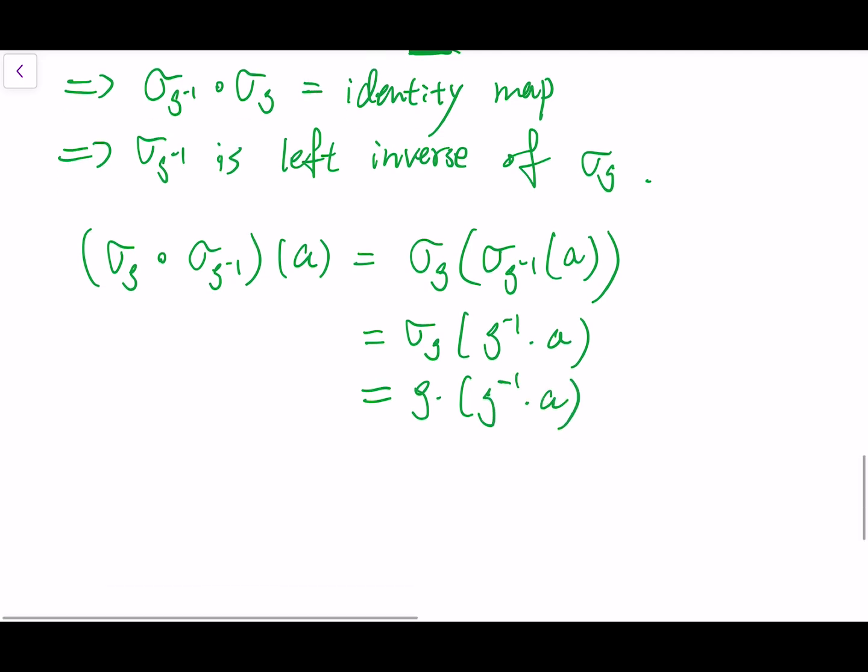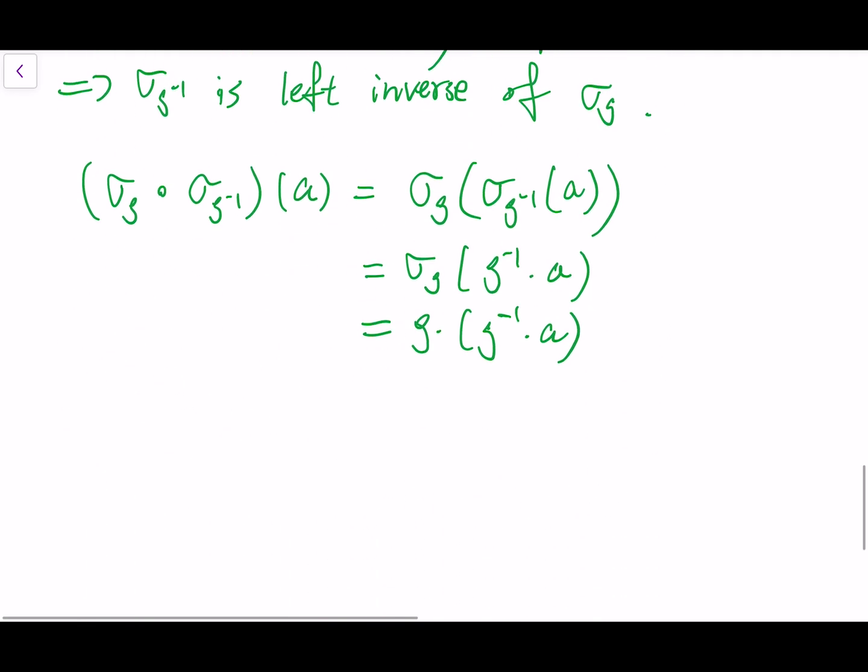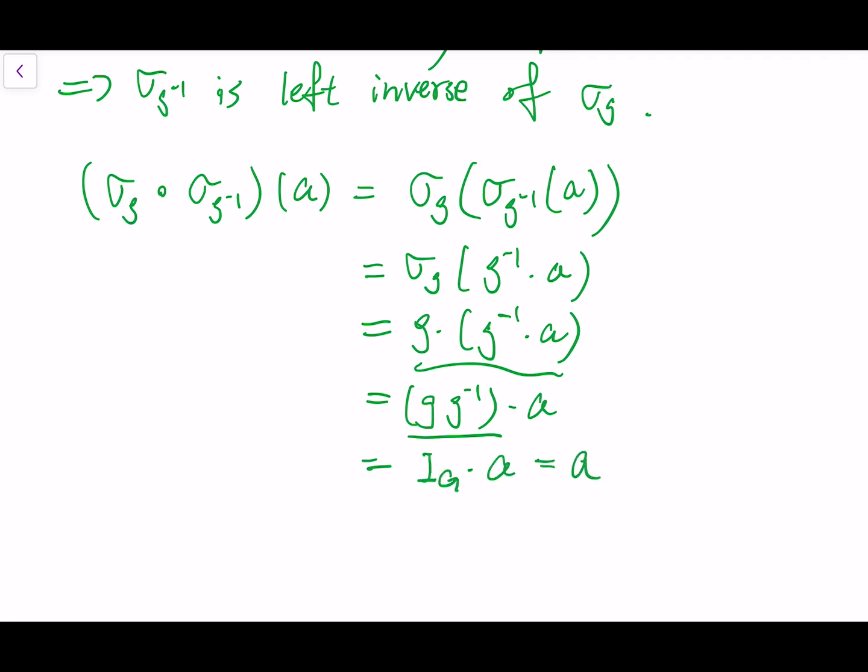This process is very similar to the first one, so I just go through it very quickly here. By the definition of group action, this is G times G inverse act on A, and this is identity. So identity act on A is A itself.